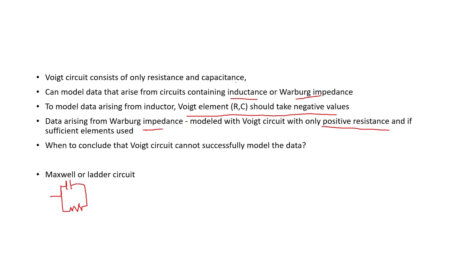Then I have multiple capacitors in series with resistors, and multiple such branches in parallel to it. Up to n repetitions can happen to model the data. So both are actually the same, like Voigt is complementary to Maxwell. So this is the Maxwell.